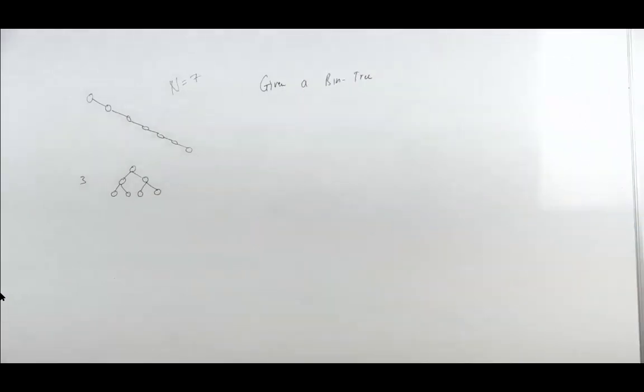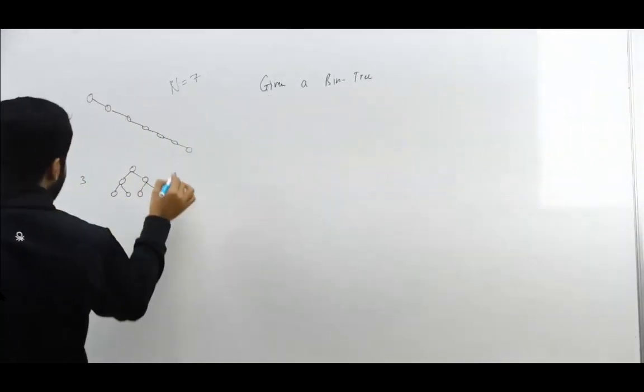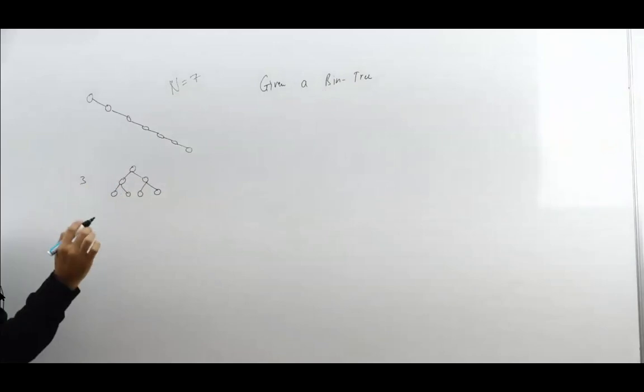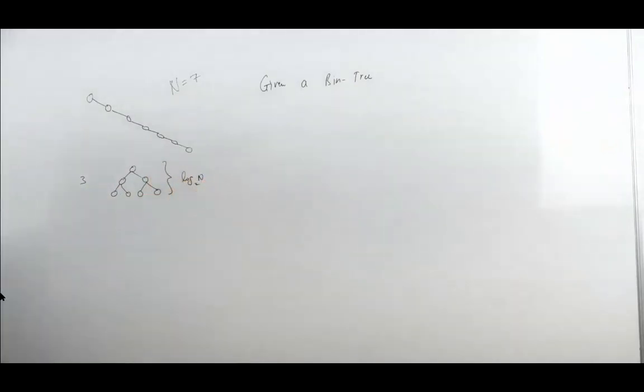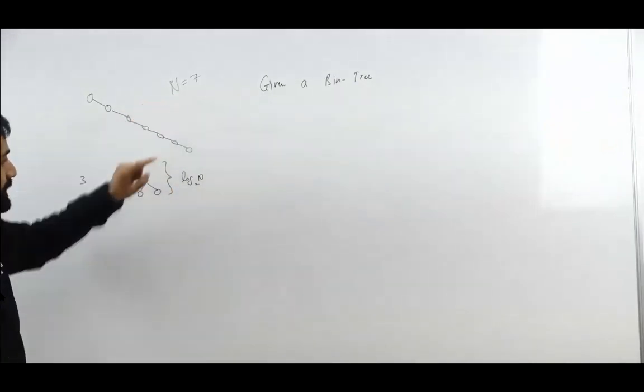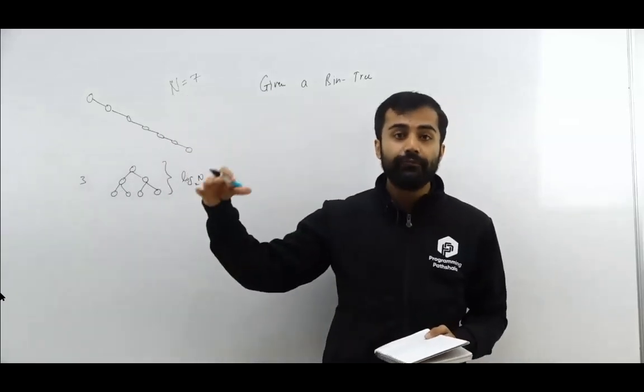Yes or no? Correct? I had told you that when you have got a perfect tree comprising n nodes, the height is log of n base 2. So if there are n nodes, the minimum value of height will be log n base 2, and the maximum value of height will be order n.